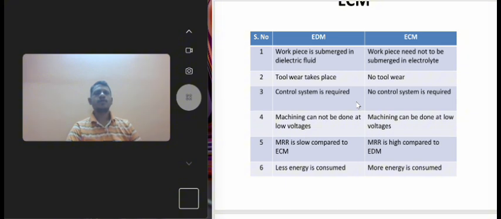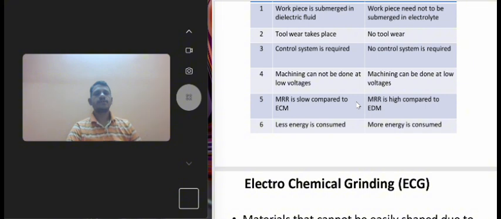In ECM, no control system is required. In EDM, machining cannot be done at low voltage. In ECM, machining can be done at low voltage. In EDM, MRR is slow compared to ECM. In ECM, MRR is high compared to EDM. In EDM, less energy is consumed. In ECM, more energy is consumed.